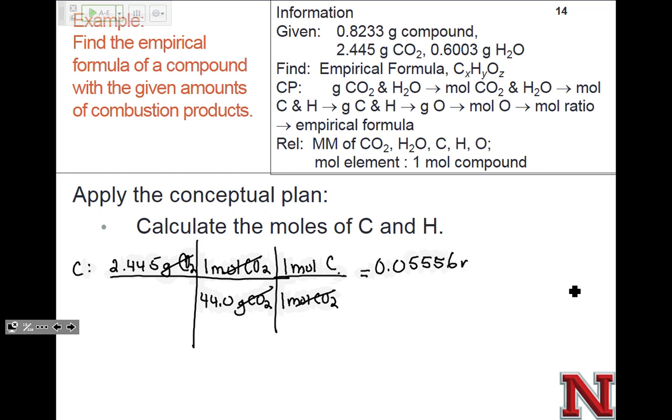So that number is going to be my X. Now we're going to do the same thing for hydrogen. Hydrogen, of course, we're going to use the mass of H2O that was recovered.